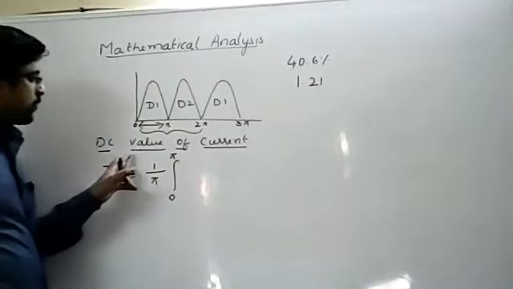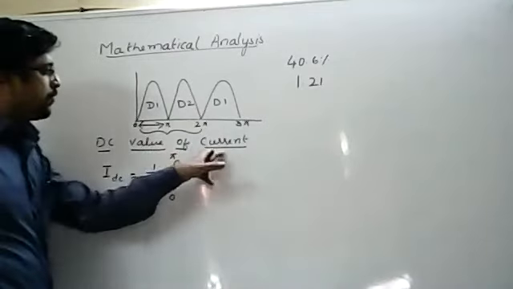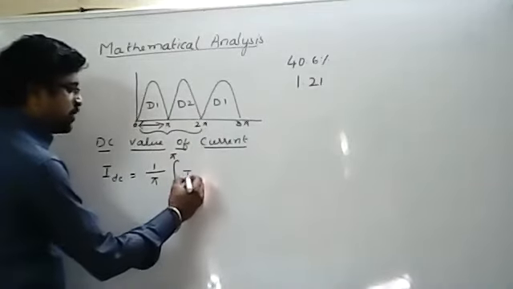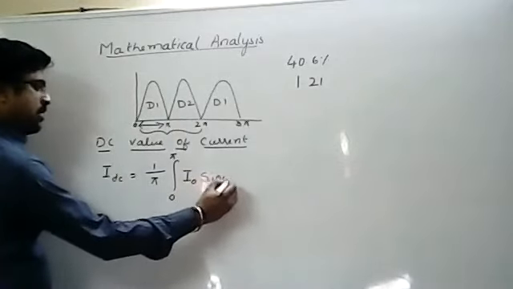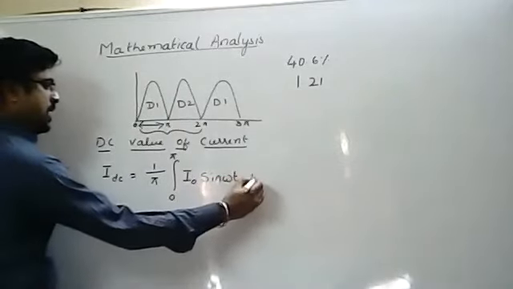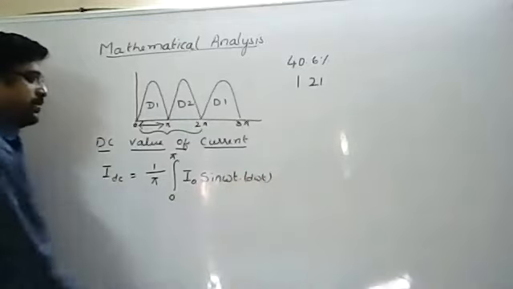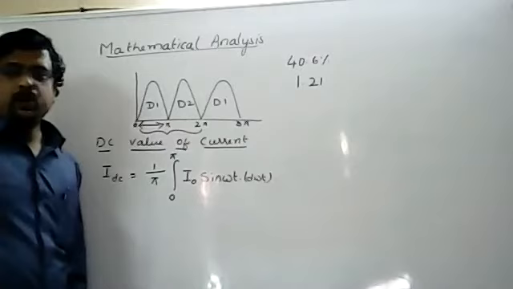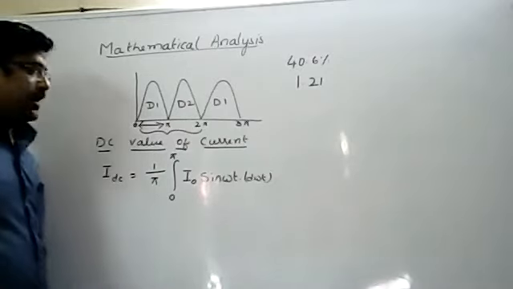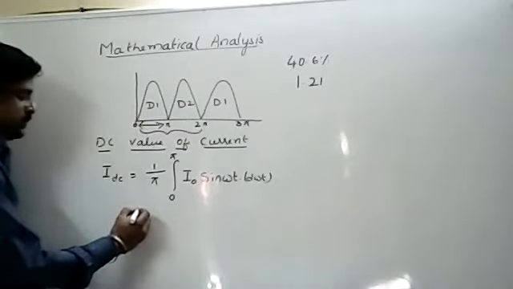You are finding the DC value of a current. So what is the general equation of the current? I naught sine omega t into d omega t. Now integrate it.